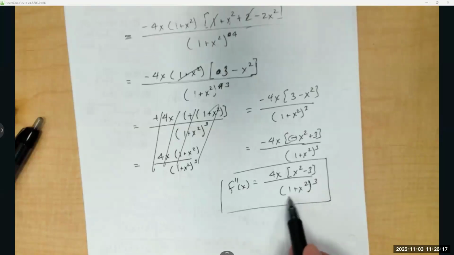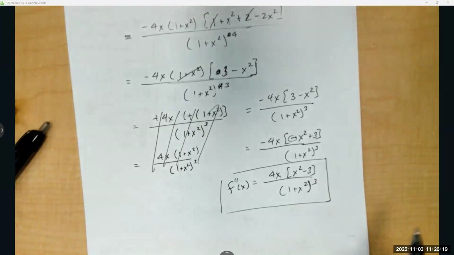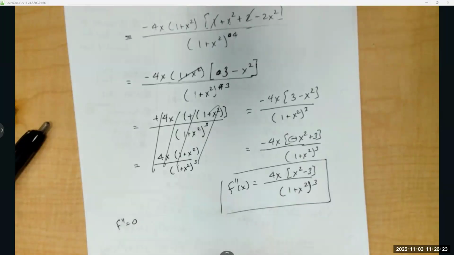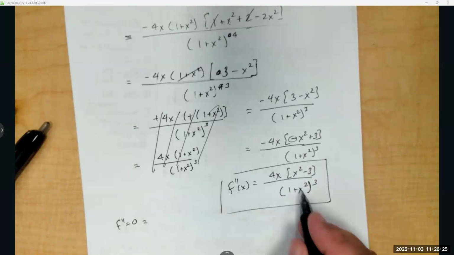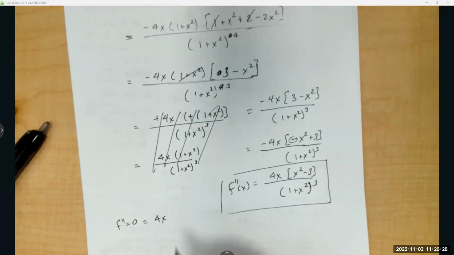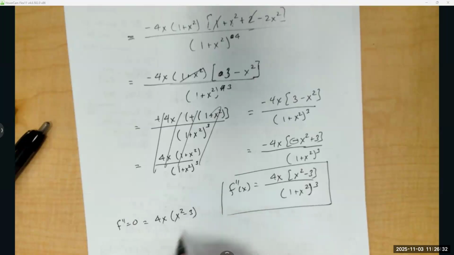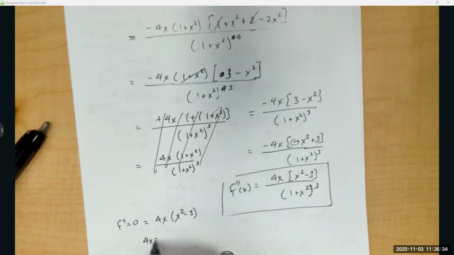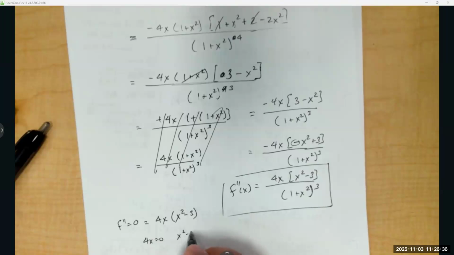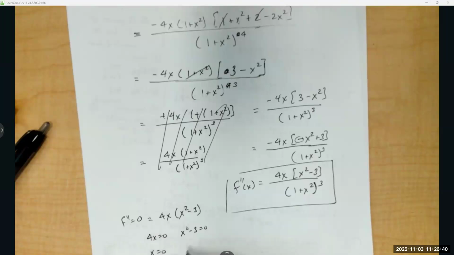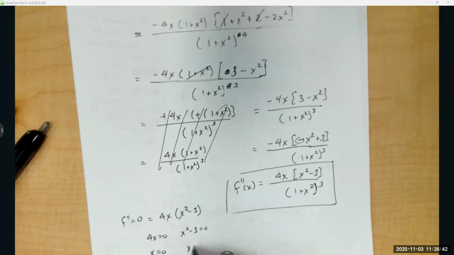The bottom cannot be 0, so we don't have any asymptotes. Set the second derivative equal to 0. That would be 4x, x squared minus 3, which means 4x equals 0, x squared minus 3 equals 0. So x equals 0, and x equals plus or minus the square root of 3.